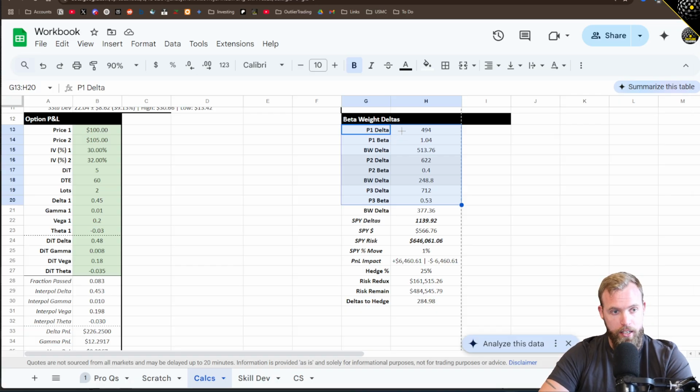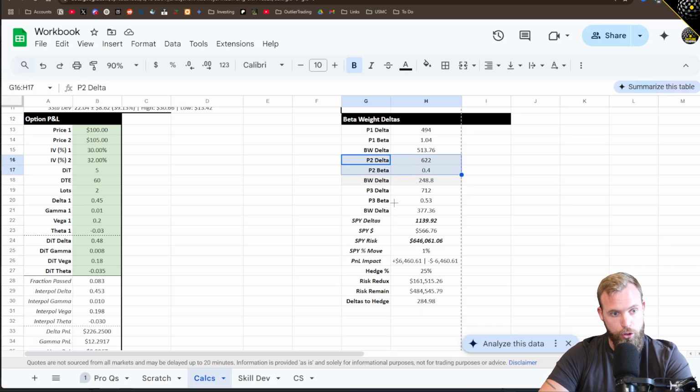So all we do is take our delta multiplied by our beta, and it gives you your beta weighted deltas. What this tells you is that this individual position is behaving as if it were 513.76 shares of the S&P 500 SPY index ETF. That's what this shows you.